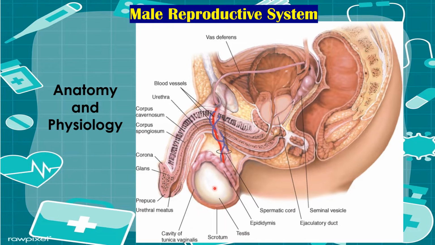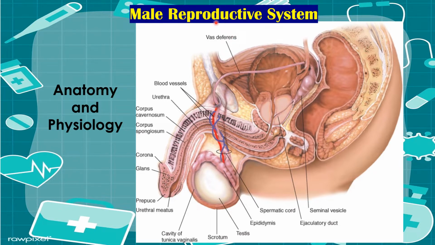The testes are normally 1.5 to 2 cm in length for pre-pubertal boys and 4 to 5 cm post-puberty. Usually the left testis lies lower than the right. The testes produce spermatozoa and testosterone.